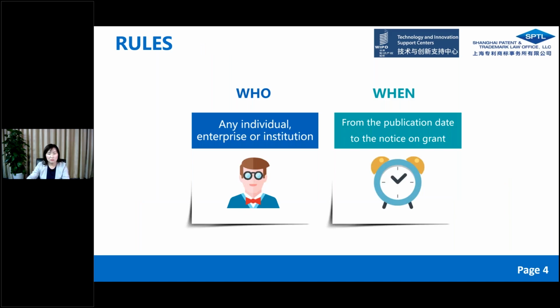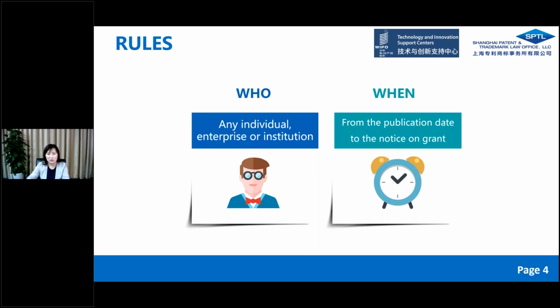According to the above regulations, we know any individual, enterprise, or institution, even including the applicant himself, is entitled to submit the observation anonymously. The timing for submitting a third-party observation is from the publication date of the invention patent to the date of the notification of grant of the patent right.